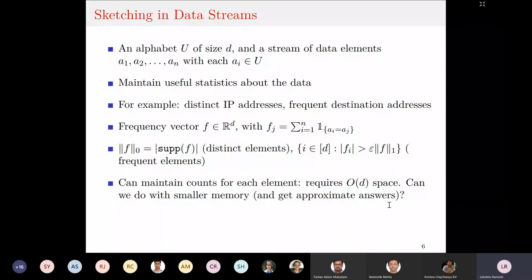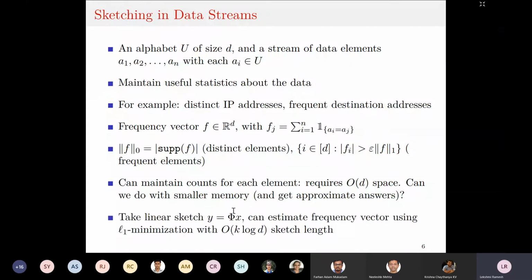This phi matrix is something that you design, and this X here in this case is the frequency vector. Of course you don't get to observe it, but this phi matrix will tell you how to combine the data as you observe it in a stream, and just maintain this sketch Y, which is of length M. And at any point of time, you can recover the original frequency vector using L1 minimization. So you only need to store.